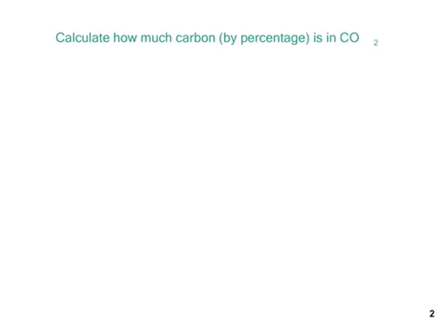So we can try another one. Calculate how much carbon by percent is in carbon dioxide. So the first step is to find the total mass of the compound. And that's going to require you to know and use the periodic table.